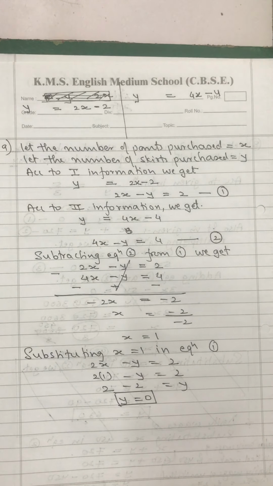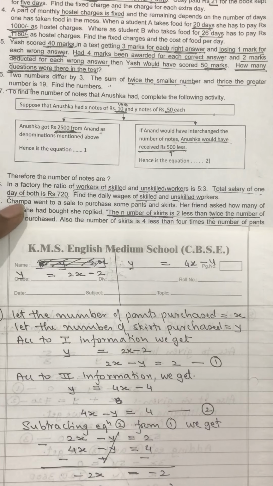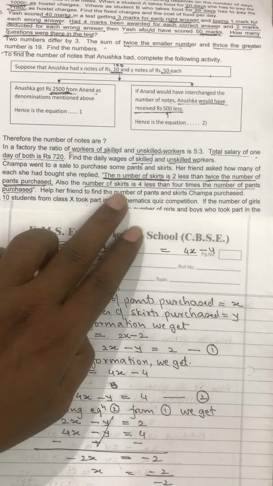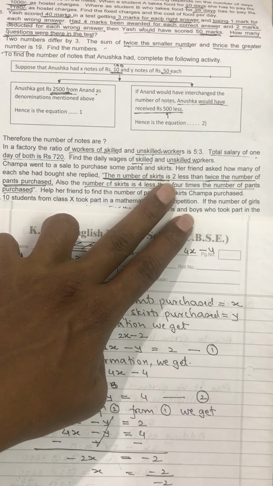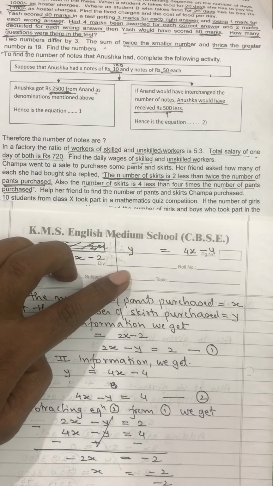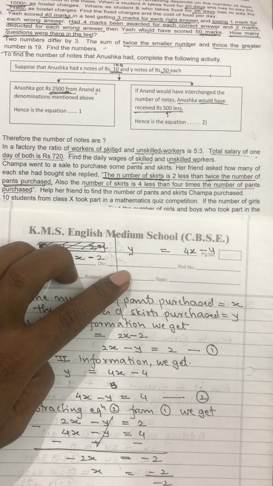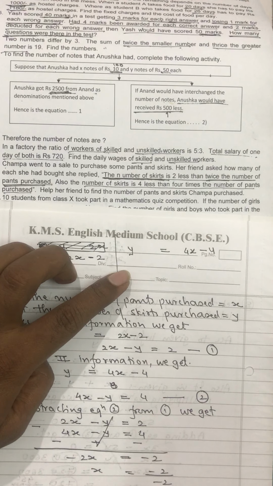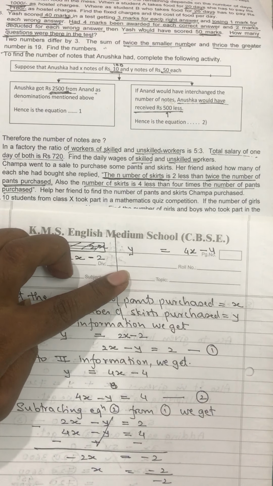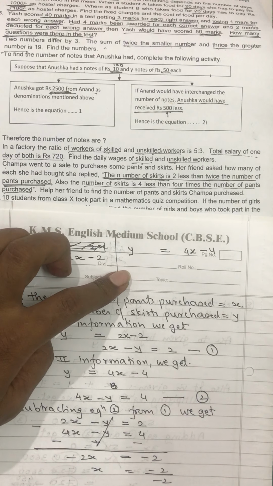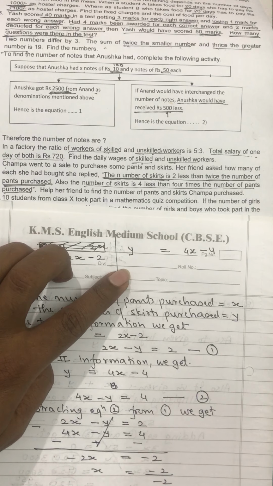It means she just bought one pant, then she is telling 2 less than number of skirts is 2 less than twice the number of pants. If I take twice the number of pants, means 2 pants, 2 less, 0.